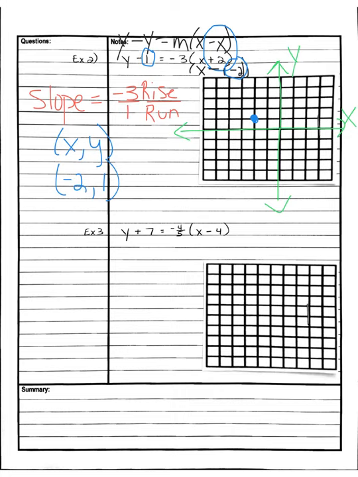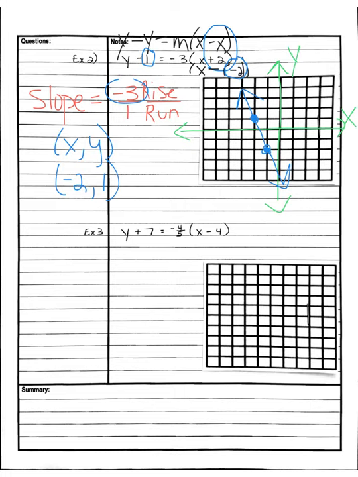We're going to start at that blue dot I graphed. And my slope is -3, so I'm going to fall 3 and I'm going to run 1. We can connect those points. And that blue line is your line, the graph that matches this linear equation.